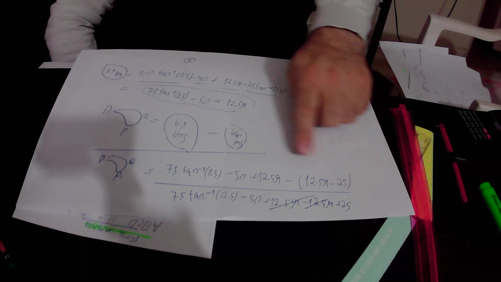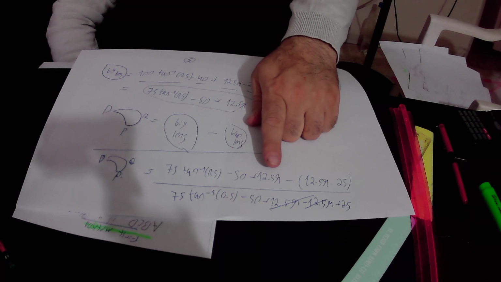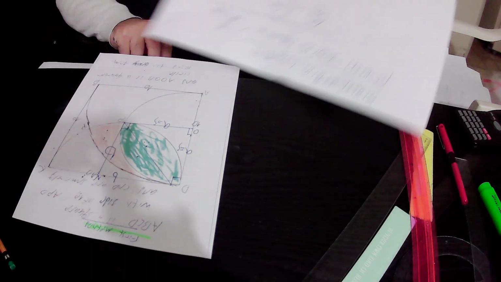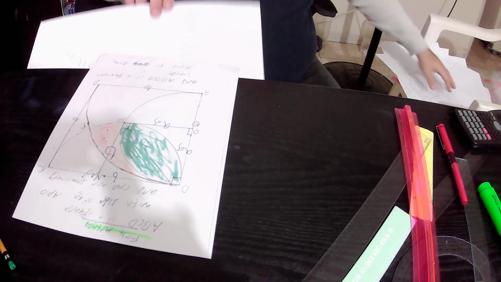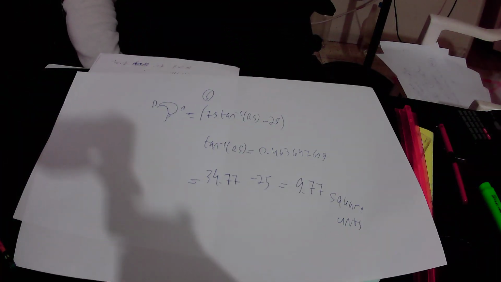Okay, so in conclusion we have here 75 tan⁻¹(0.5) minus 50 plus 25, and minus 50 plus 25 is minus 25.